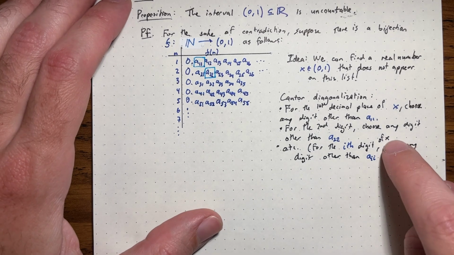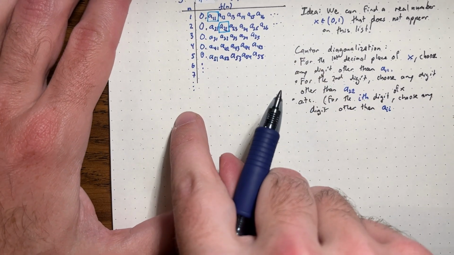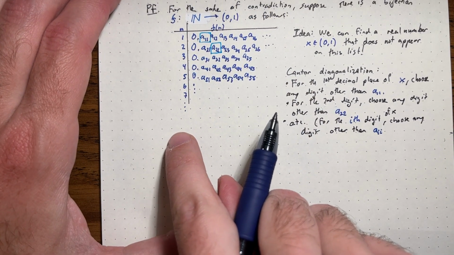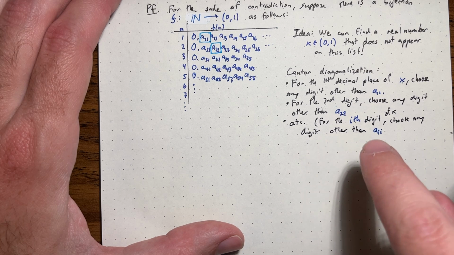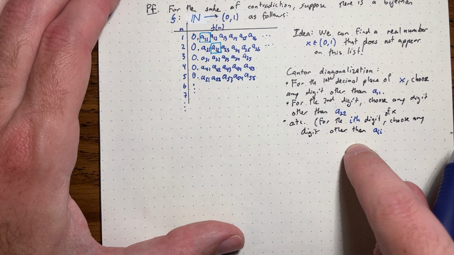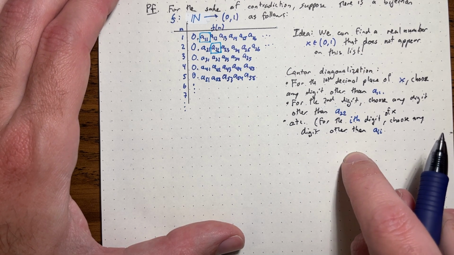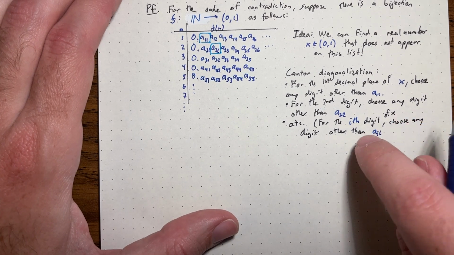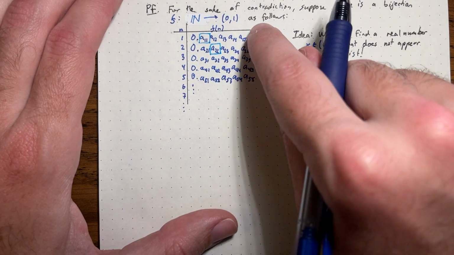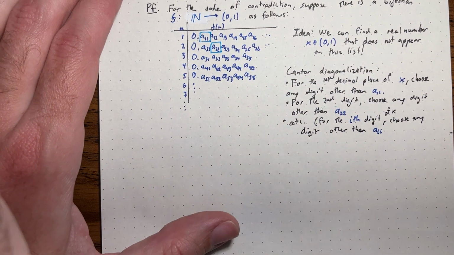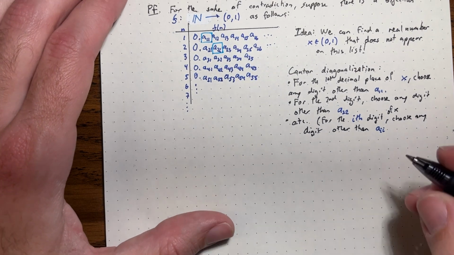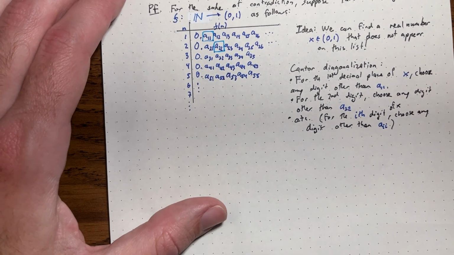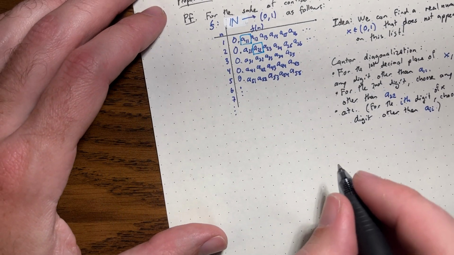So for example, for the 100th digit, I would go down to row 100 in my table, look at what that real number is, go all the way to its 100th digit, and change that. That way, I can create this x, ensuring that it's not going to be anywhere in this list. That's the idea. So that's the conclusion.